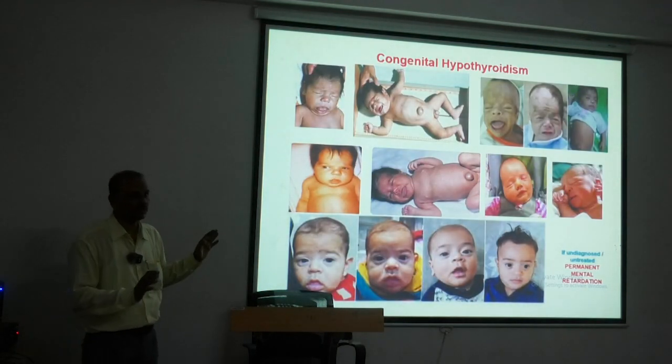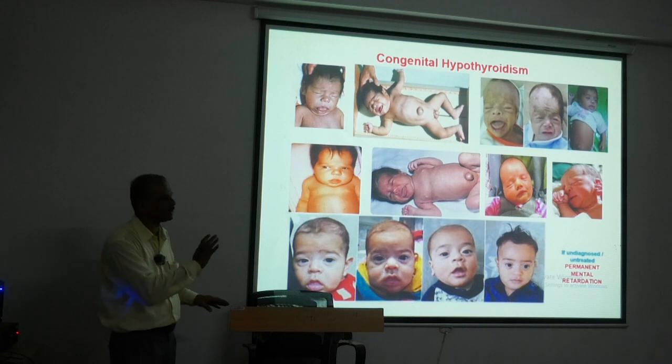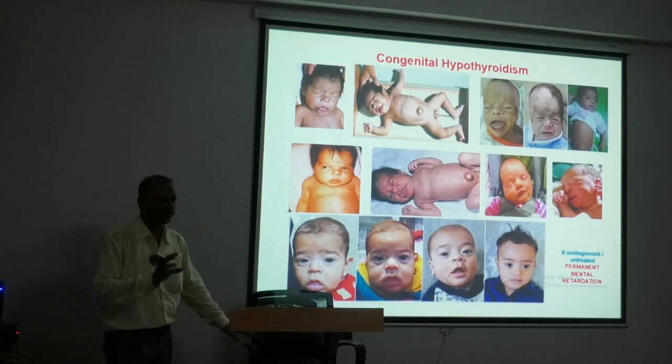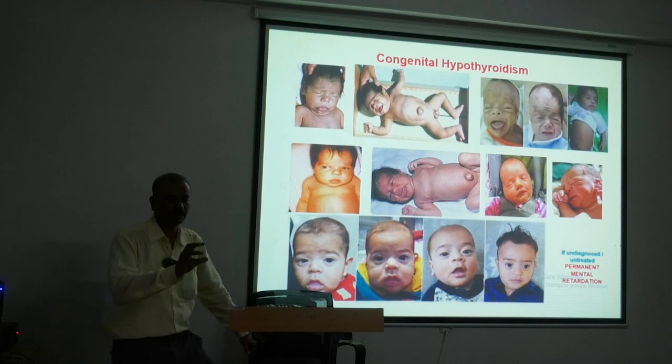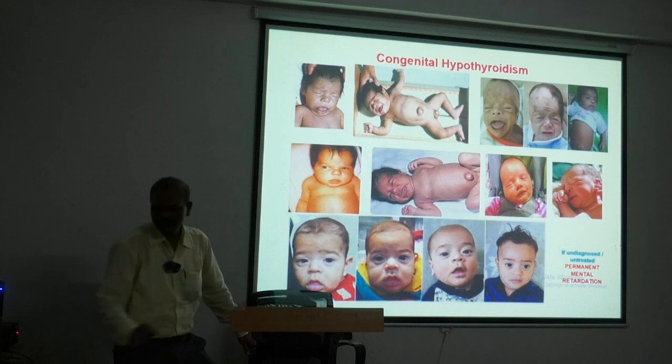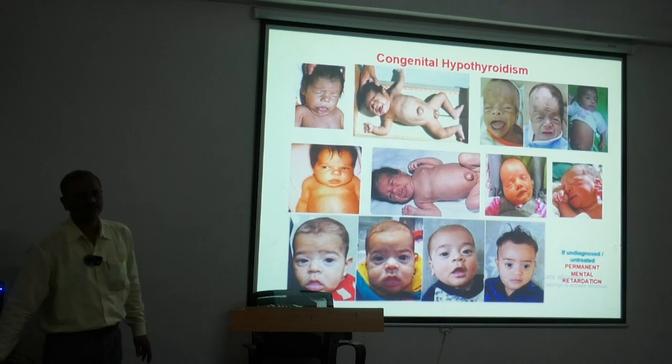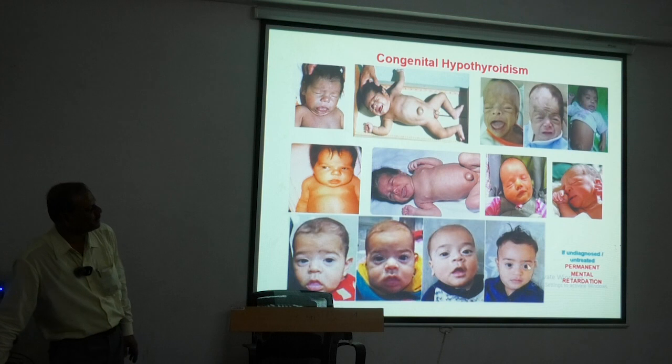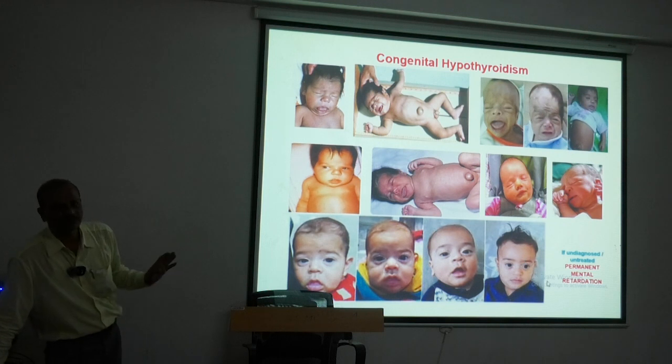One most important thing I must say is congenital hypothyroidism. If babies are born with defective T3, T4 synthesis, the baby requires immediate urgent screening, because if you allow these babies to grow a little bit, they will have permanent mental retardation.